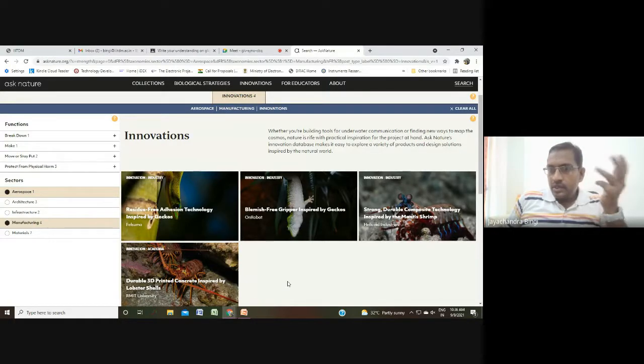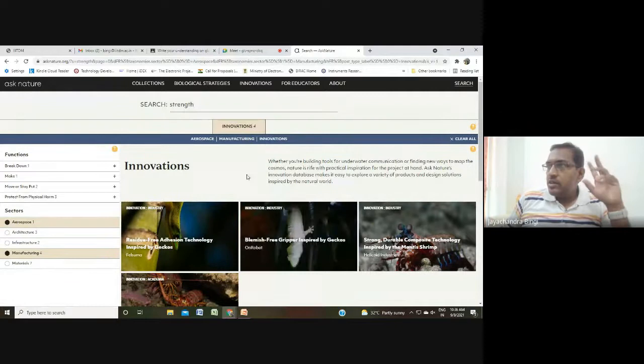Now you can think about what kind of problems we are working on. We have to work on somewhat advanced problems, and so these kinds of things. Blemish-free gripper inspired by geckos, again it is on robots. Those things you can definitely explore with respect to different keywords.